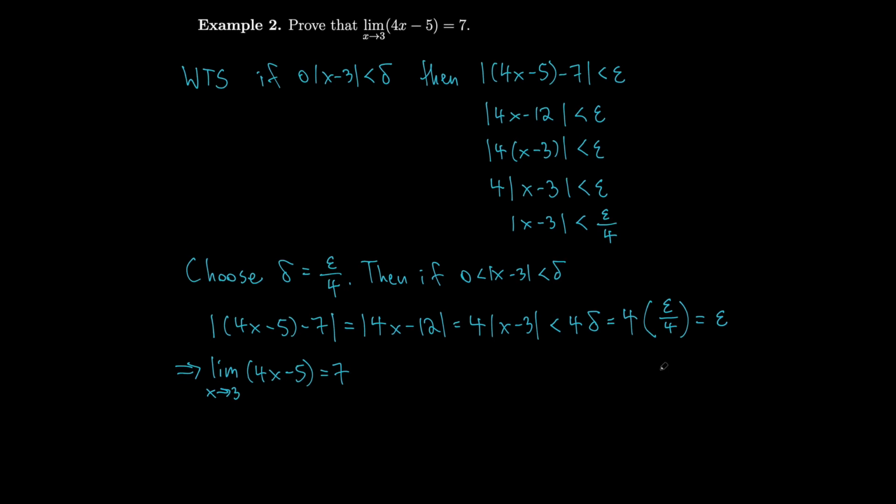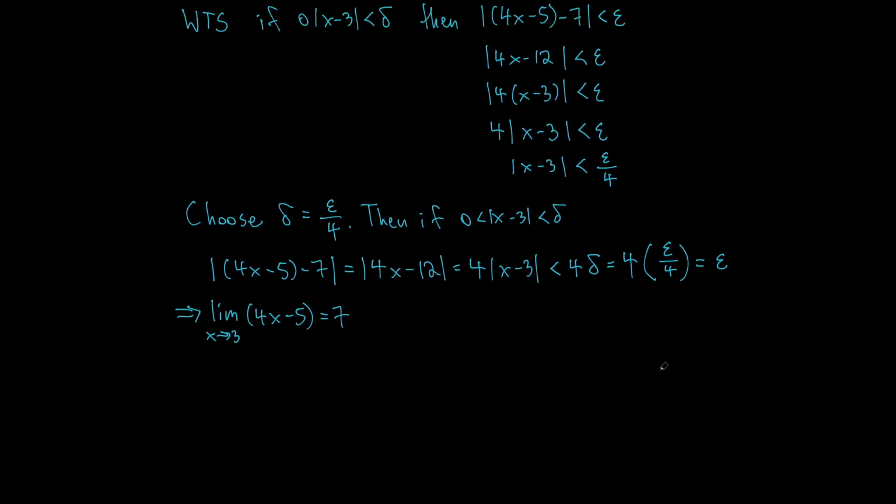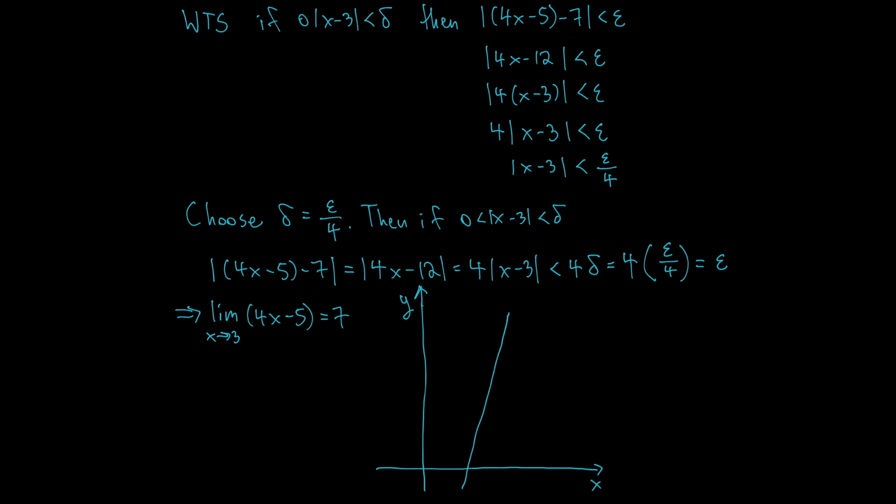I can even see what this looks like in a graph. So let's say here's 4x minus 5, here's 7.